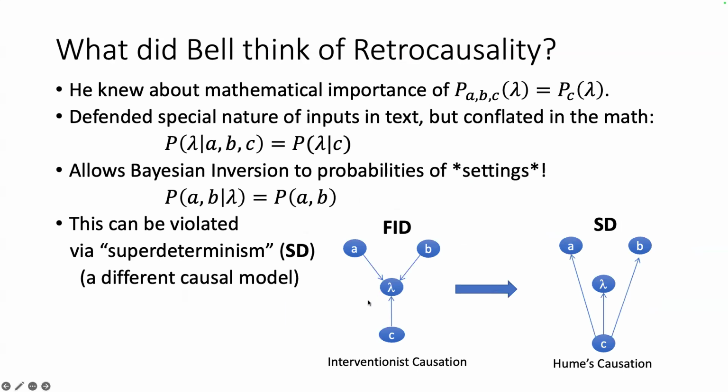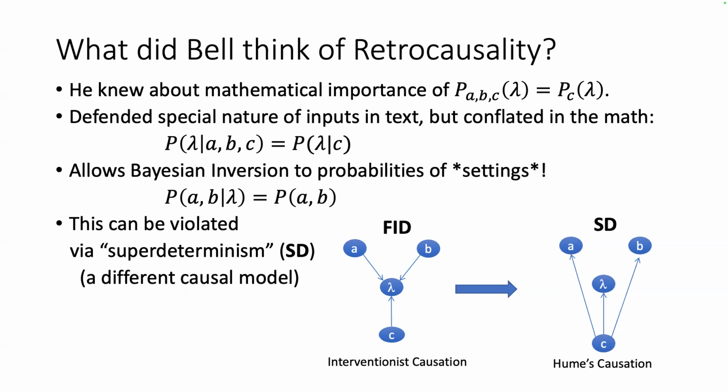Here is the causal model I'm describing, that you have lambdas that are dependent on your settings. And this is really the only proper way to think about causation as far as I'm concerned. So you choose a setting, A, B, C, and you say what's correlated with that setting, and that's caused by your setting. And so this is the model I'm describing, that somehow the lambda in the middle is caused by this.